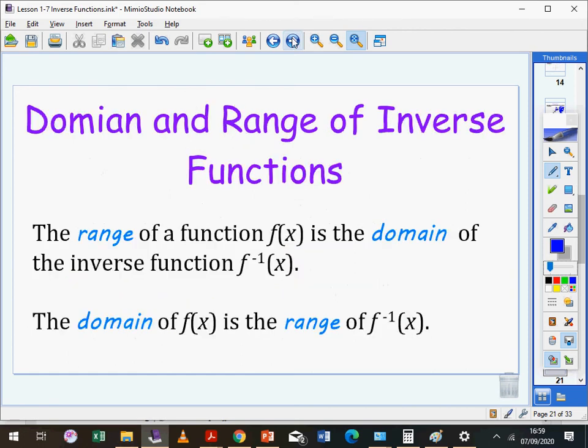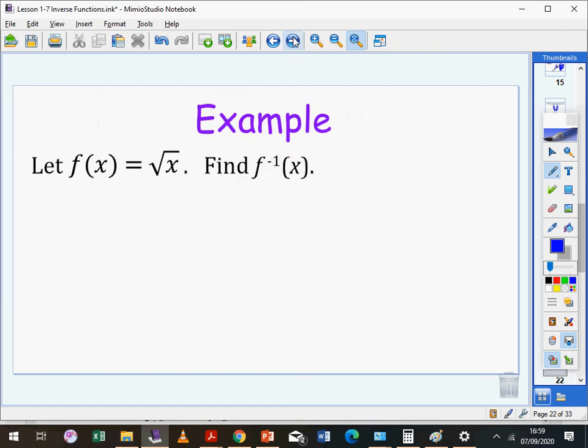Domain and range of inverse functions again. The range of a function is the domain of its inverse, and the domain of a function is the range of its inverse function. All right. If f of x is square root of x, find the inverse function of f of x.